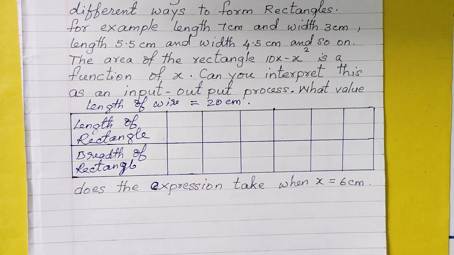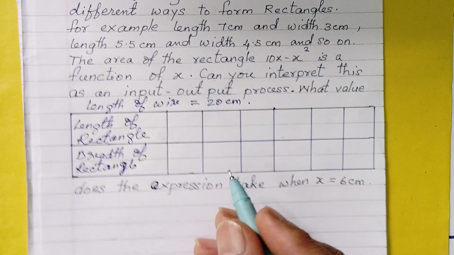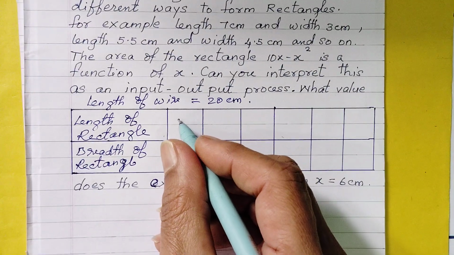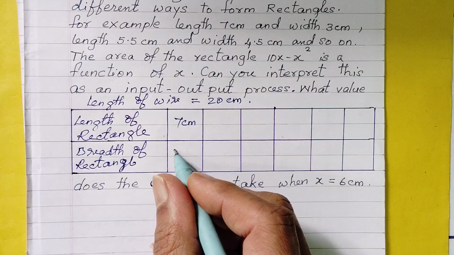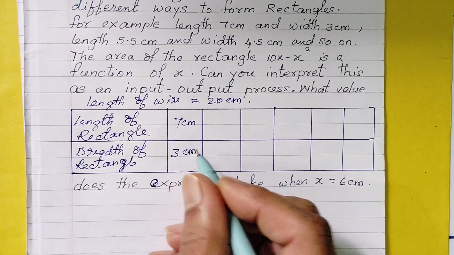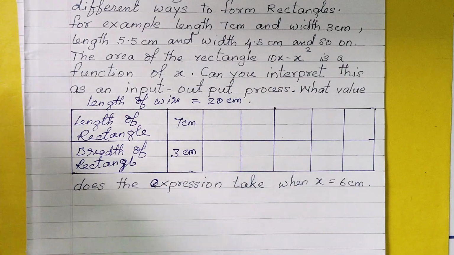You can see here, suppose the length is 7 centimeters, the breadth will be 3 centimeters. You can see here.